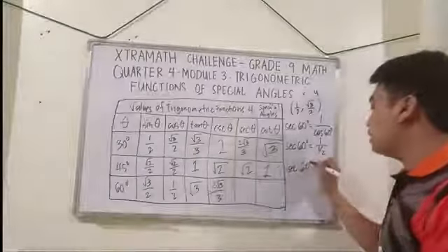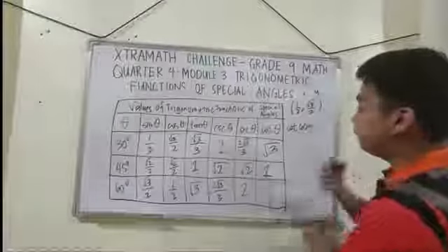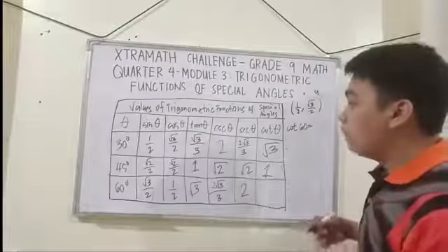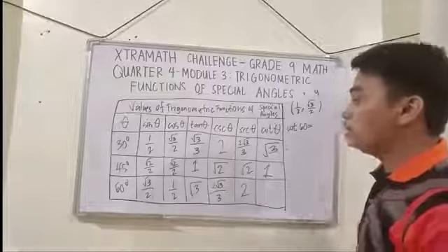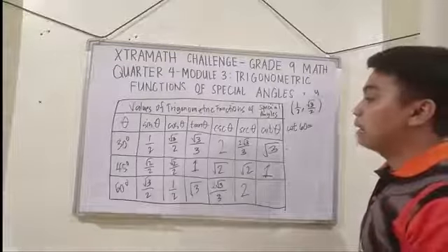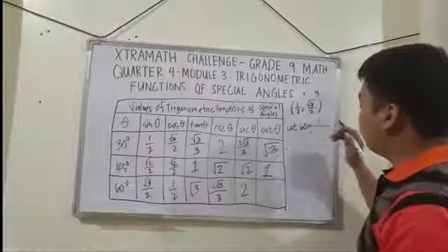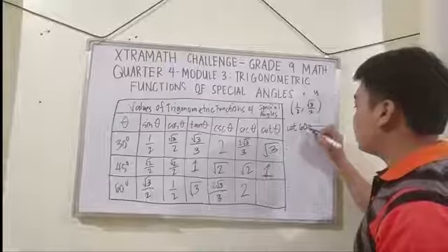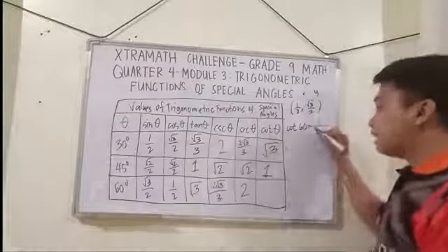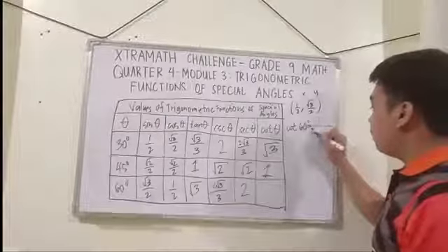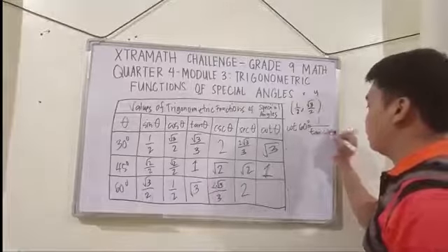And for the last one, the cotangent of 60 degrees, remember that cotangent is equal to 1 over tangent, or that is also equal to cosine theta over sine theta. So, we are going to use 1 over tangent. So, cotangent of 60 degrees is equal to 1 over tangent of 60 degrees.